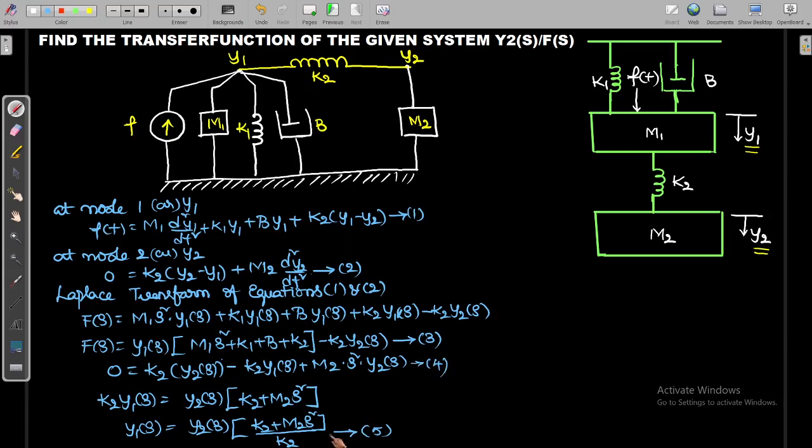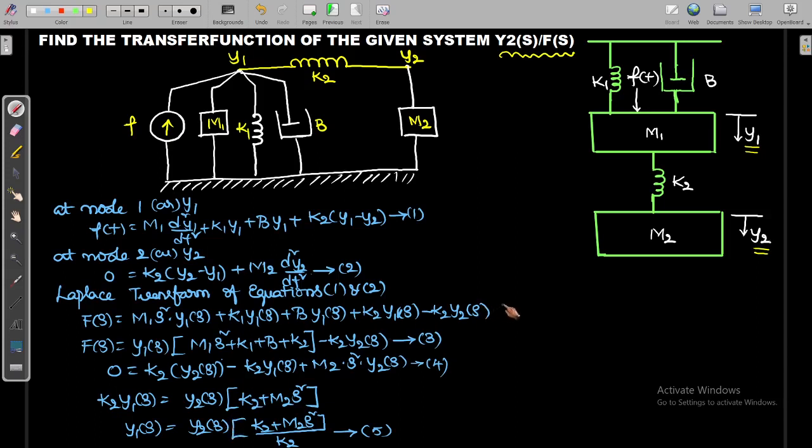See why I am eliminating: in the given problem, the transfer function asked is y2 of s divided by f of s, so you have to eliminate y1 of s. For elimination purposes we take y1 of s in terms of y2 of s.